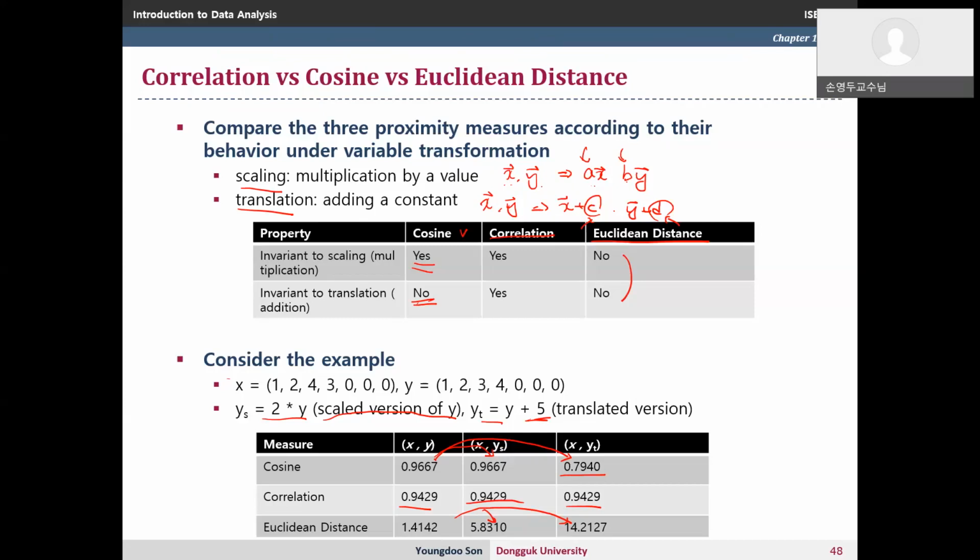Any constant vector is added to the original vectors. So the Euclidean distance is not invariant to either scaling or translation. The result of the Euclidean distance is different if we apply scaling or translation to the vectors. However, the cosine similarity is invariant to scaling because it only considers directions. However, the translation changes the direction or angles from the origin. So the cosine similarity is invariant to scaling, but is not invariant to translation.